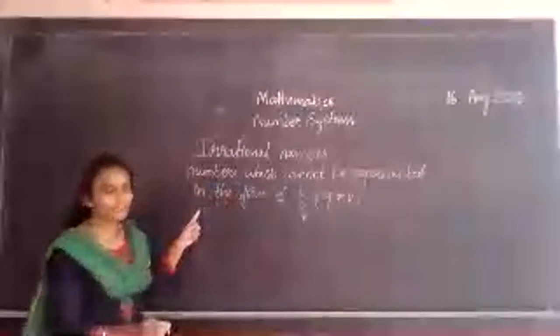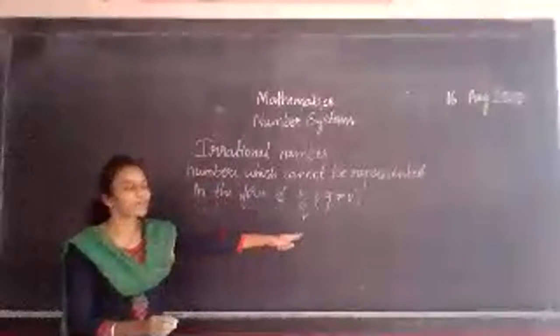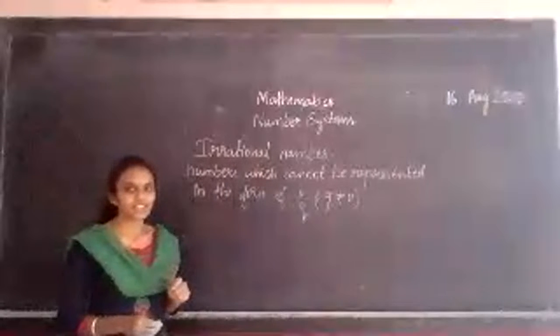If any number cannot be represented in this form, then such numbers are called irrational numbers.